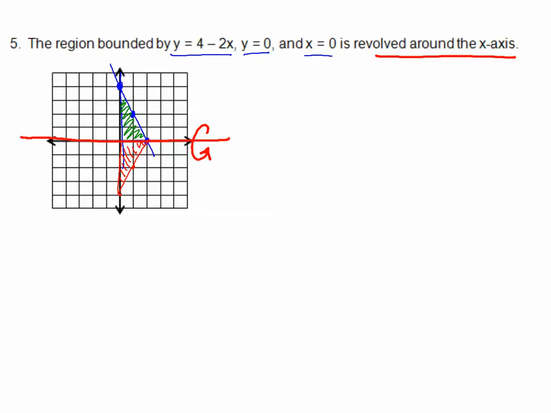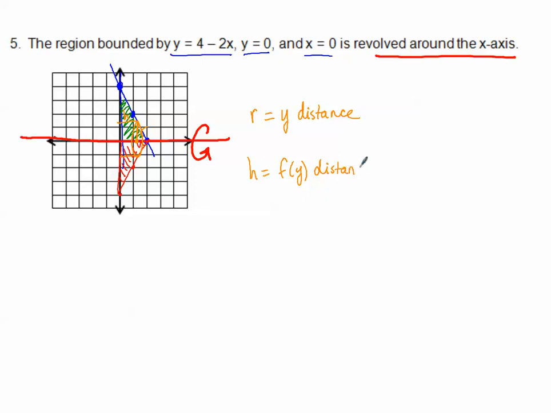Let's draw our cylinder. Because this is the axis of rotation, our circle can be like this. The radius from the axis to the original curve, there's our r, and drop the height sideways. Because it's a horizontal axis, r is the y distance this time, and h is the f of y distance.